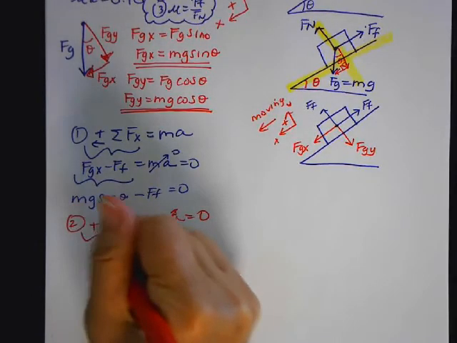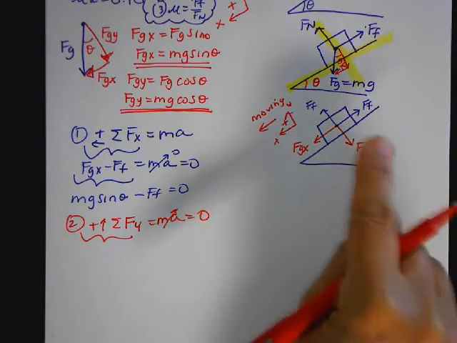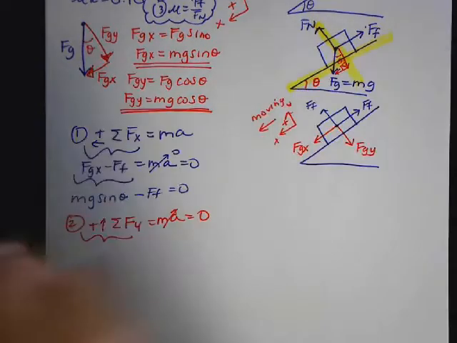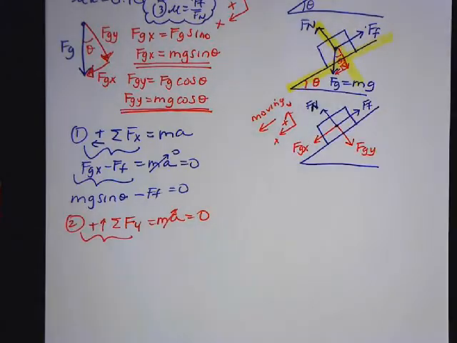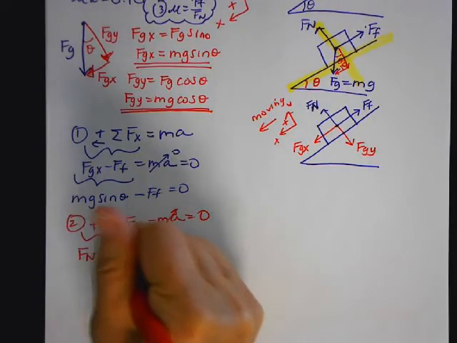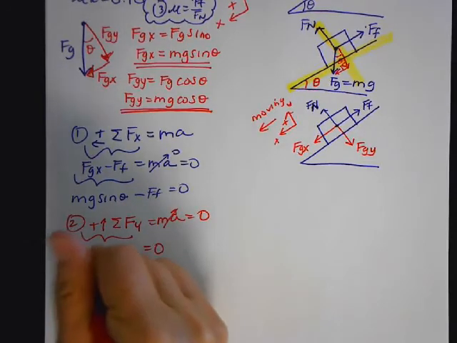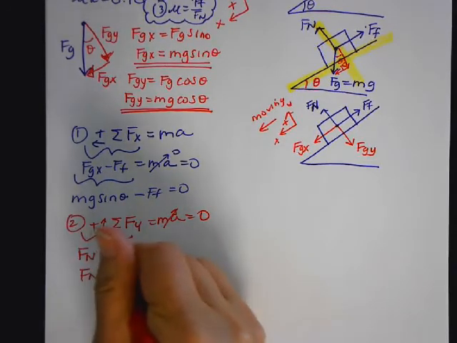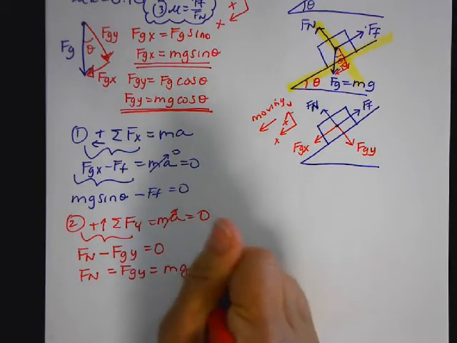Now when I look at my free body diagram here, F of f is, oh, I mislabeled this and no one said anything. This is F of n, obviously the normal force. So I have Fn minus Fgy is equal to 0. So Fn is equal to Fgy, which is equal to mg cosine theta.